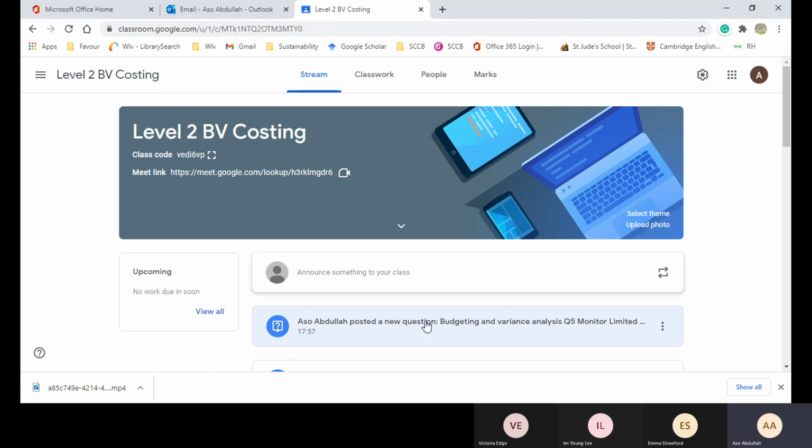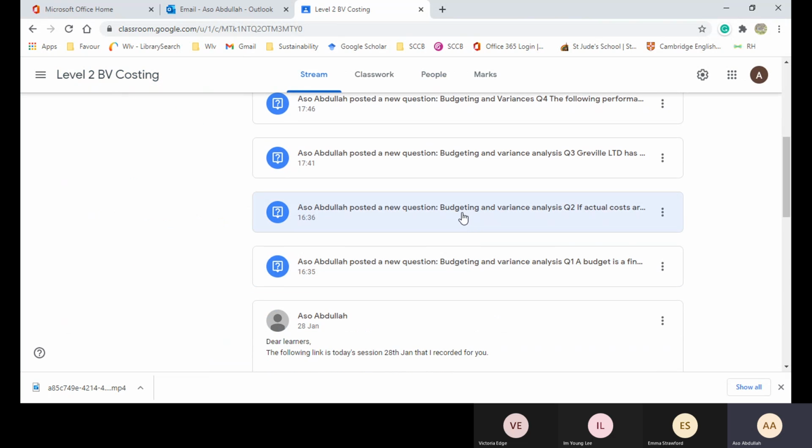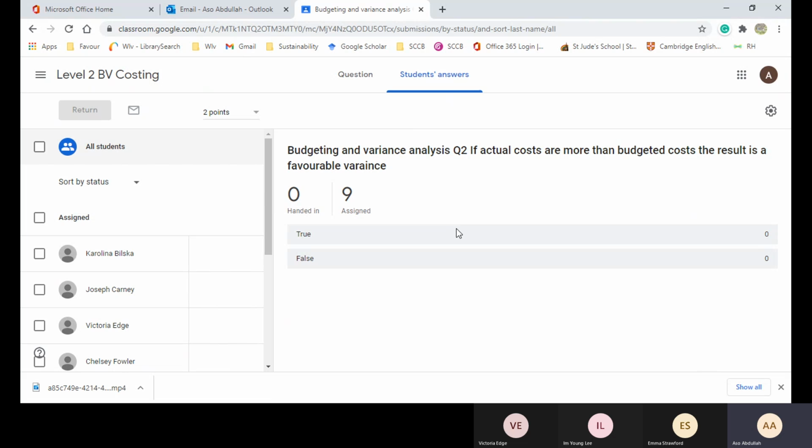Okay, so let's move to question number 2, please. It says, if actual costs are more than budgeted cost, the result is a favorable variance.